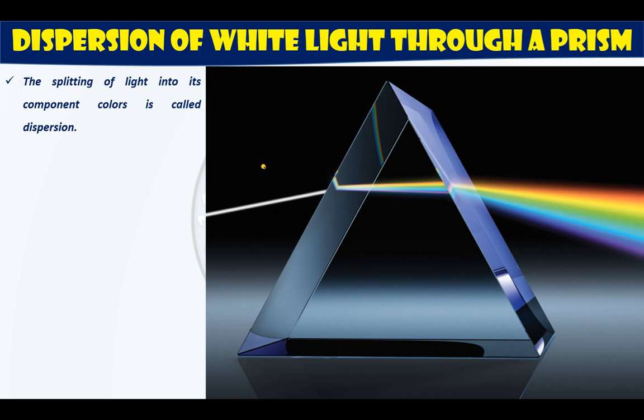See, my dear friends, this is white light. It is made up of 7 colors. But traveling in a particular medium, for example air, all these colors travel together in a single ray, and hence this is white light.